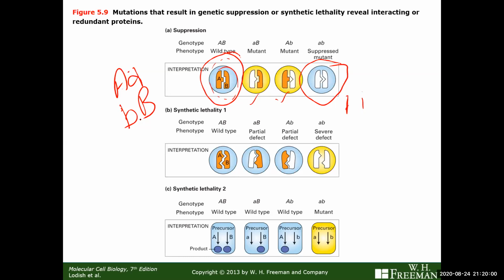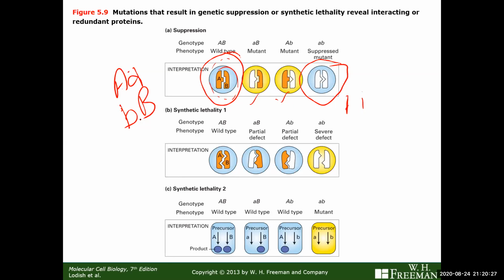So when you created one mutation in the backdrop of another mutation, the resultant is actually wild type behavior. It is not a wild type strain, but it is wild type behavior because it can grow in the presence of galactose. But the reverse can also happen.